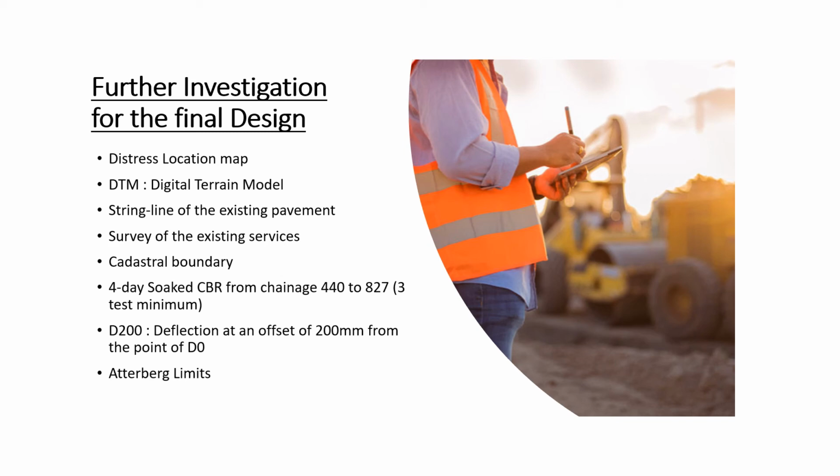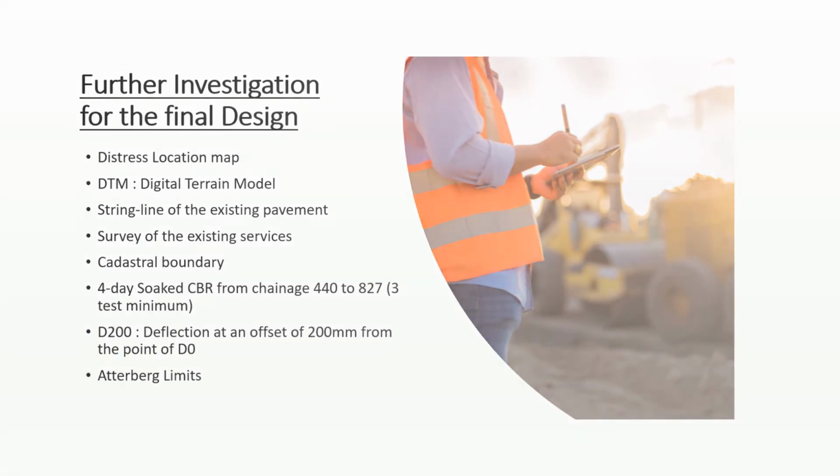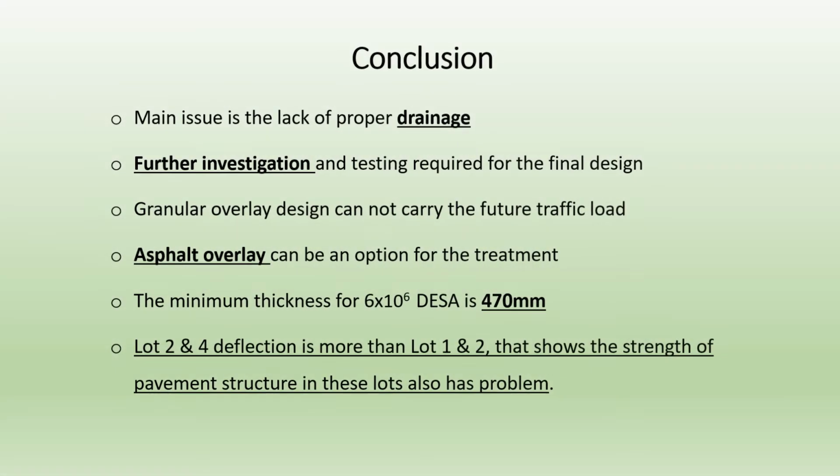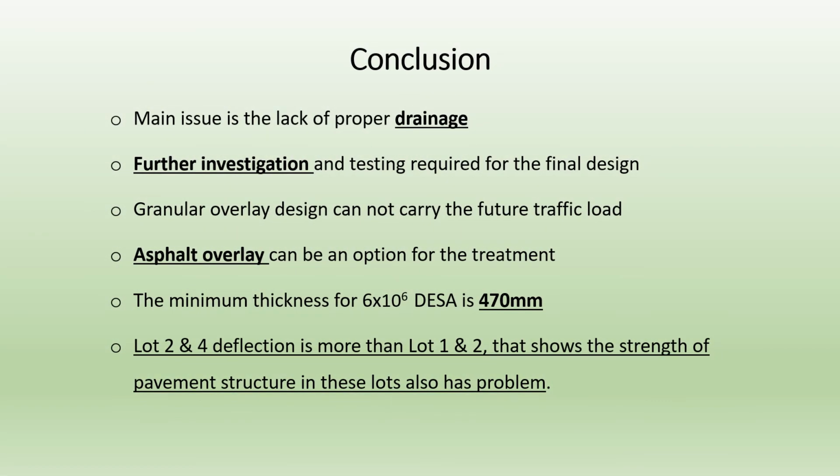The conclusion of the study with the existing data from the FWD test is that we really suspect a drainage problem, which is mostly occurring from chainage 440 up to the end of the road at 827. We need to remove the existing asphalt layer because there was pumping in this area, and the crocodile cracking and rutting, which means the ingress of water through the pavement surfacing.